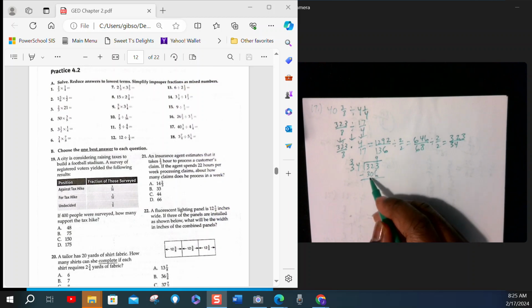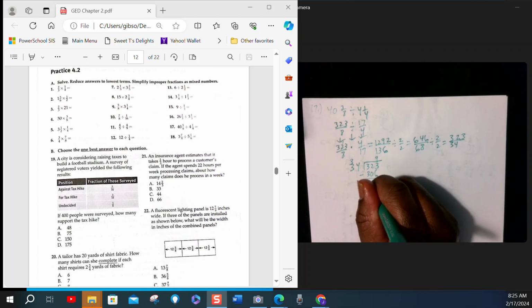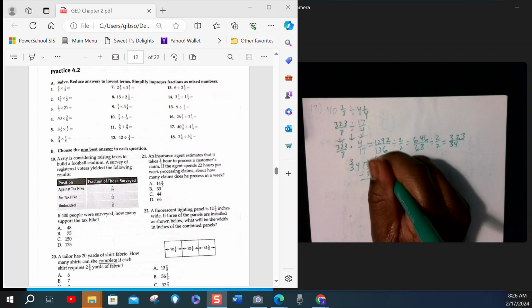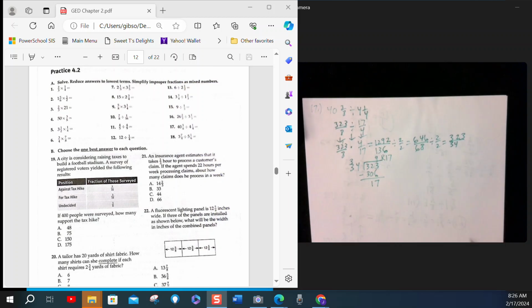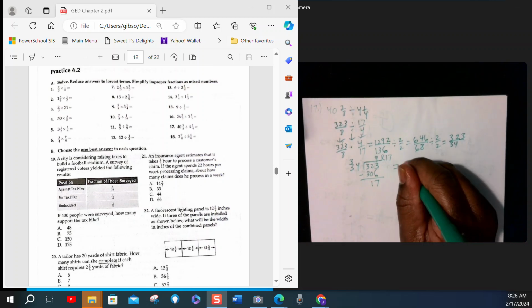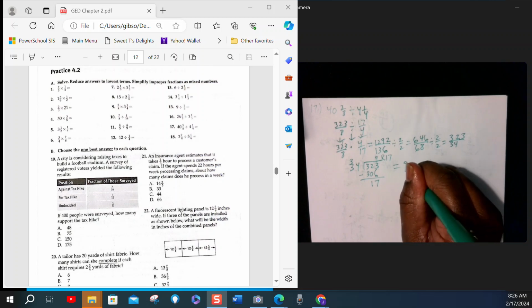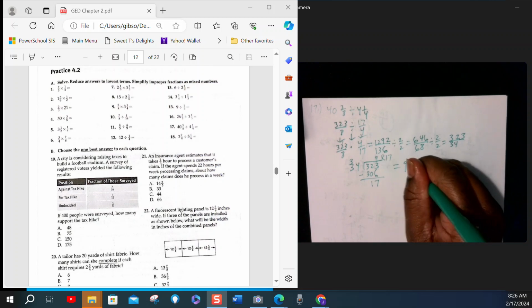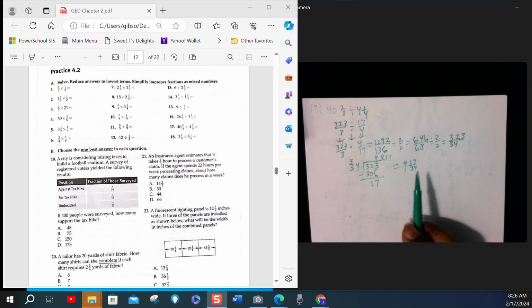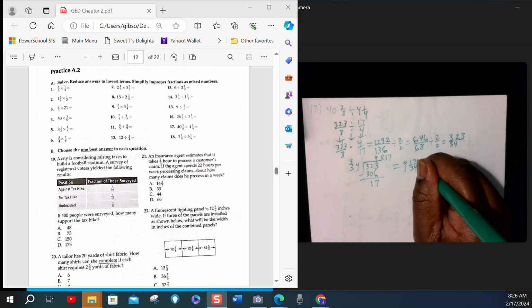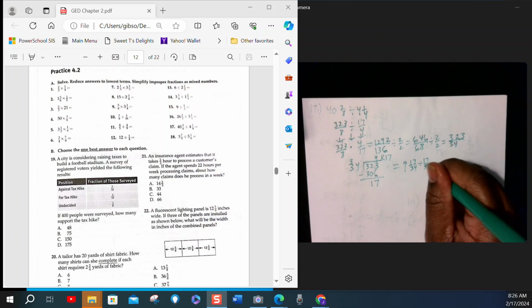So 323 minus 306 is 17. So we have 9, remainder 17. So our final answer would be 9. Our denominator would be 34, but our numerator would be 17. But we know 17 and 34 have 17 in common. So we need to simplify this fraction more. So we'll divide the top and bottom by 17.